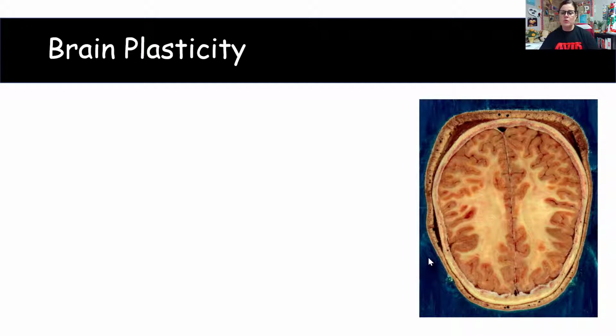So the right and left brain have some different responsibilities and different tasks. Now we need to look at something called brain plasticity. It's also called neuroplasticity. If you think about it, plastic is very bendable. What this is implying is that the brain also has some flexibility, and it has the ability to be plastic, which means adaptable.